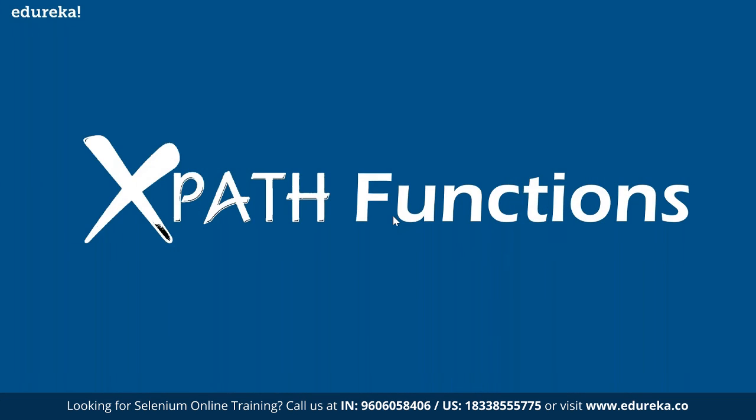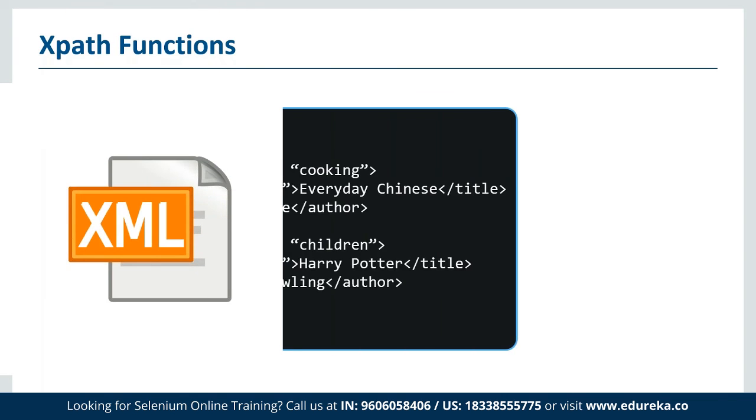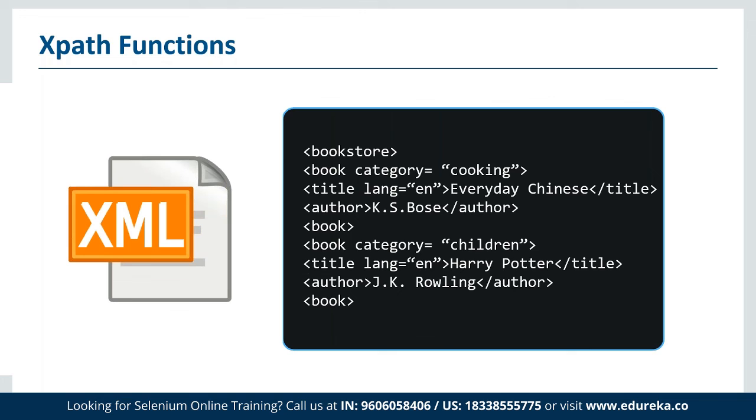A few XPath functions are there, guys, because as I told you, some conditions can also be applied, like available, not available. Take the same example: your bookstore is there. Under that you have two categories, cooking and children. Under that you have author and language.